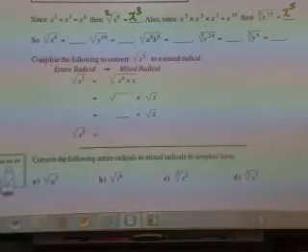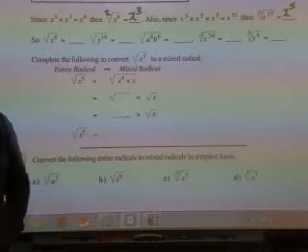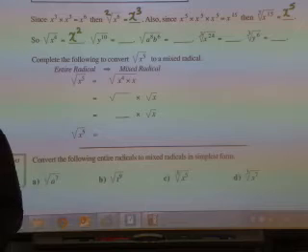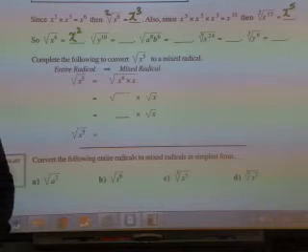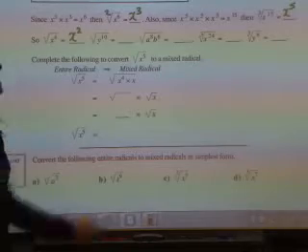So if I wanted to take the square root of x to the power of 4, what would I get? X to the power of 2. If I wanted to take the square root of y to the power of 10, what would I get? Y to the power of 5. Thanks, Connor.